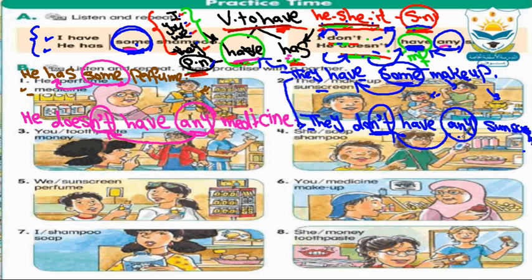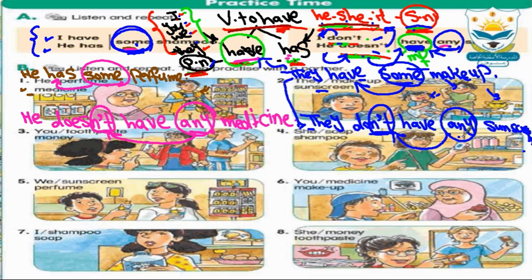What are countable nouns? The nouns that can be counted, which may be singular and may be plural. But what are uncountable nouns? The nouns that cannot be counted. They are always singular, so they take the verb is.